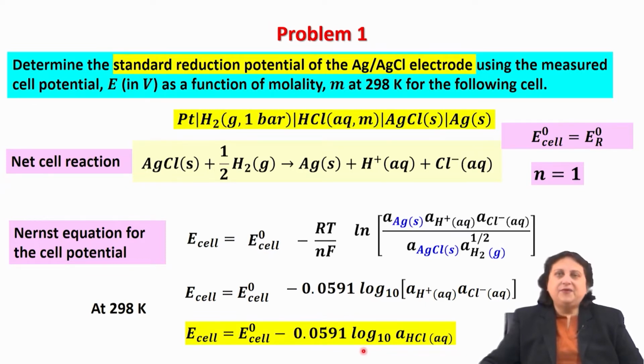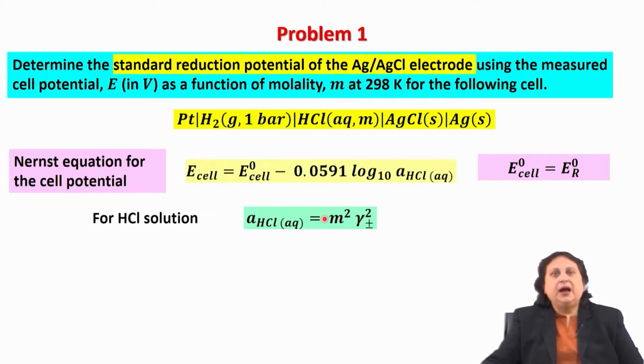So, now I have reached a point when I can start putting in information from the cell that I have used to move ahead. I understand that for the HCl solution, which is a univalent electrolyte, the activity of the aqueous HCl solution is m square gamma plus minus square.